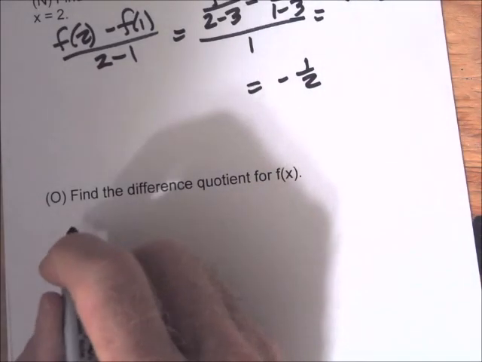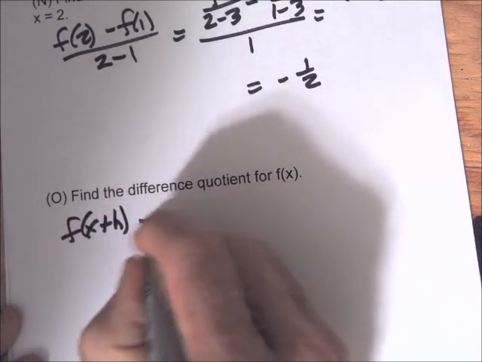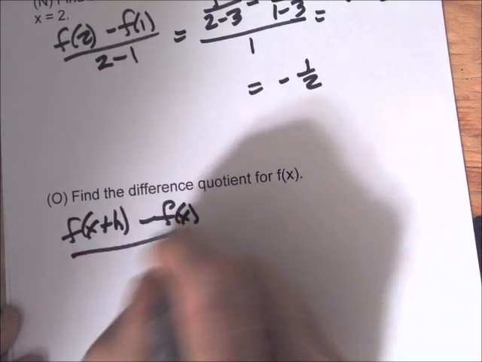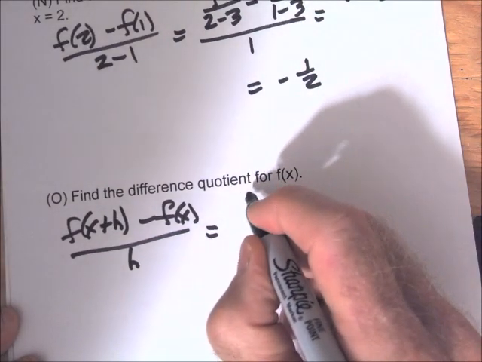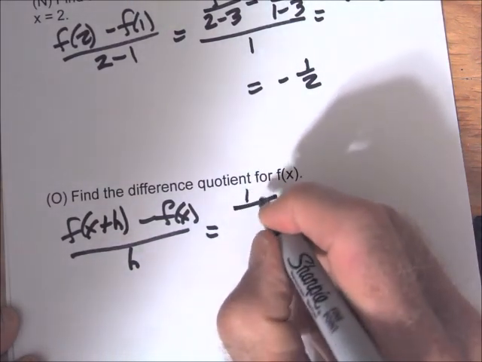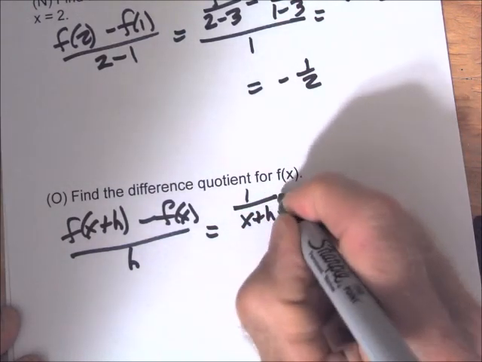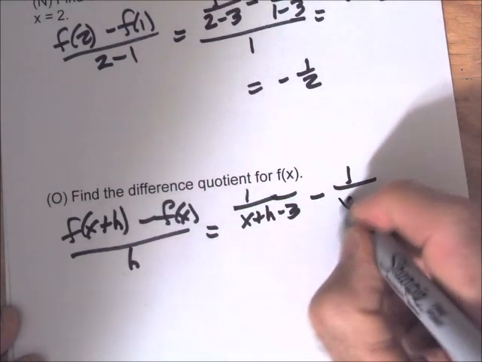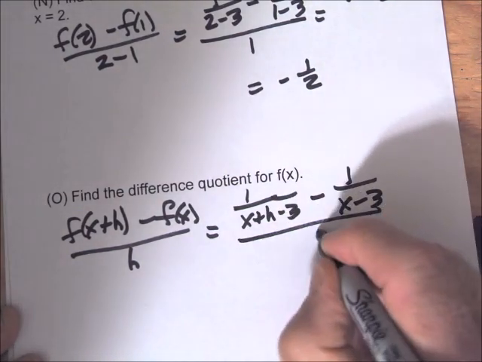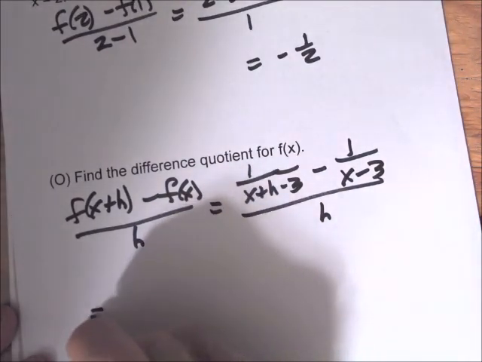So the difference quotient is f of x plus h minus f of x over h. So this is going to be 1 over x plus h minus 3 minus 1 over x minus 3, all over h. And let's get a common denominator.